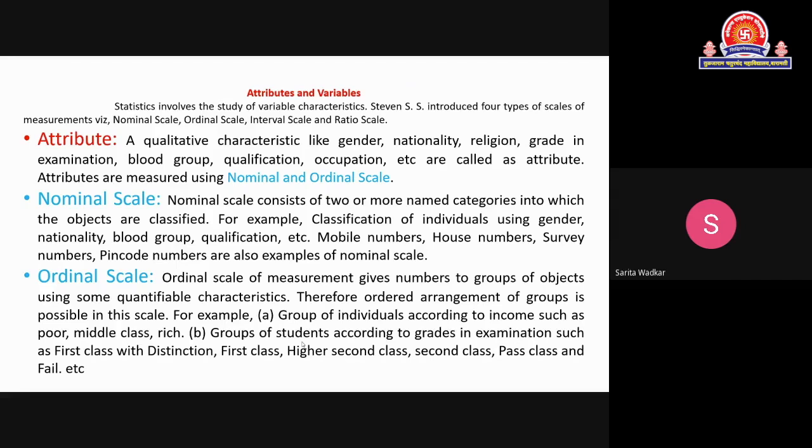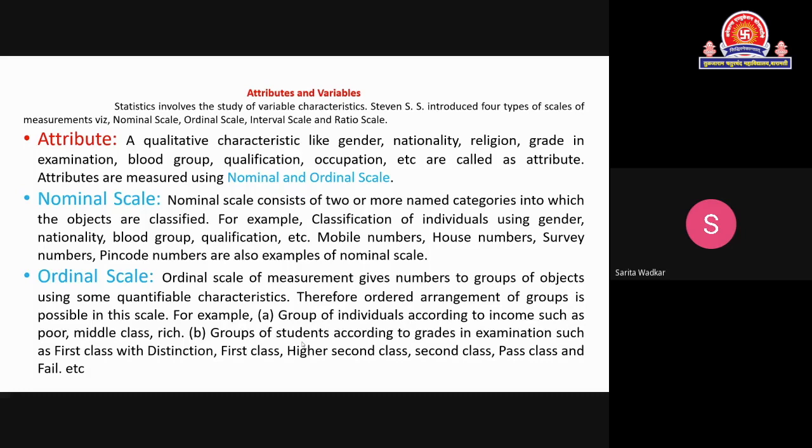So we are categorizing the mobiles into different brands. This is an example of nominal scale. Biology students can take the plants also, and zoology students can take the different species. So you can take the nominal scale as the named categories into which the objects are classified.